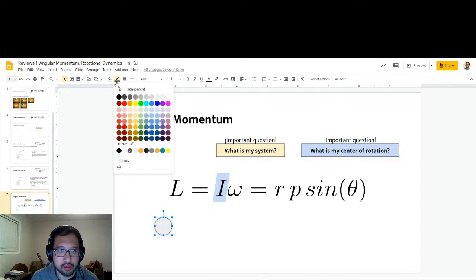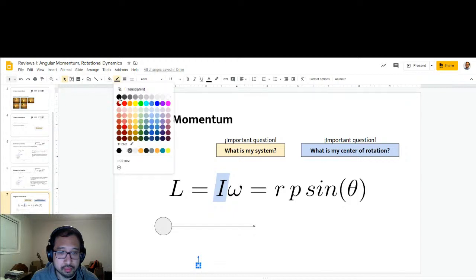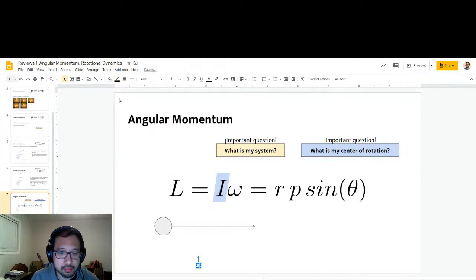Let's draw that this way. Here is an object traveling in a line. And let's consider the rotation of this object around this point right here. So again, just to clarify, we have an object moving in a line, and it's rotating around this point right here. Okay, let's give you the momentum ahead of time.